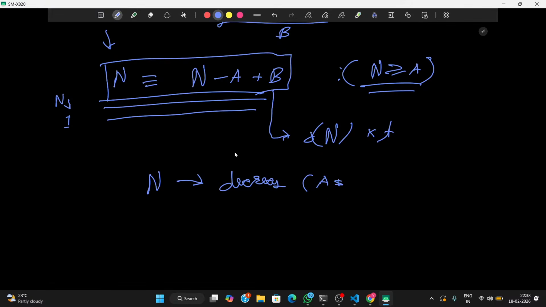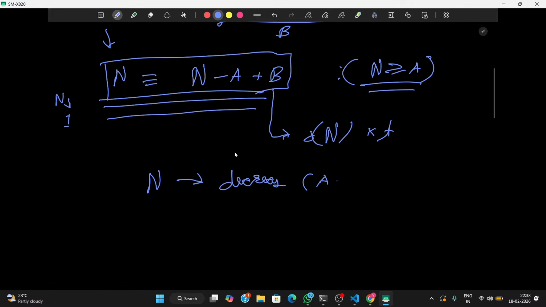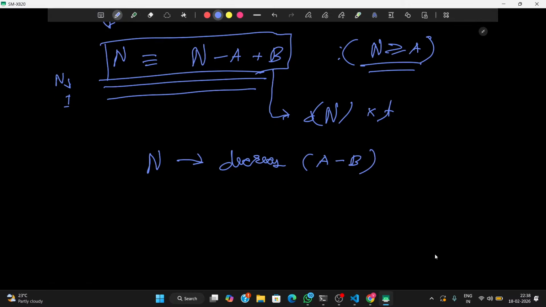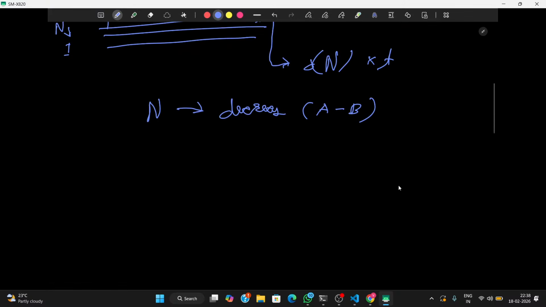So whatever the number n is, we need to find the maximum number x that is less than n and has the same remainder with a minus b.